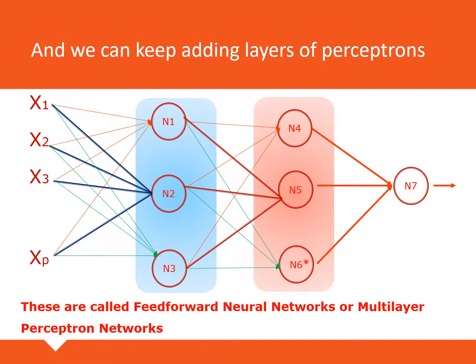Each of them would again get the decisions made by N1, N2, N3. So N1 is flowing into N4, N2 is flowing into N4, N3 is also flowing into N4, and similarly they are flowing into N5 and N6 as well. Then N4, N5, N6 will give me some decisions in the same way as perceptrons make decisions, and finally their decisions will be combined by this final perceptron N7 to give me the final decision.